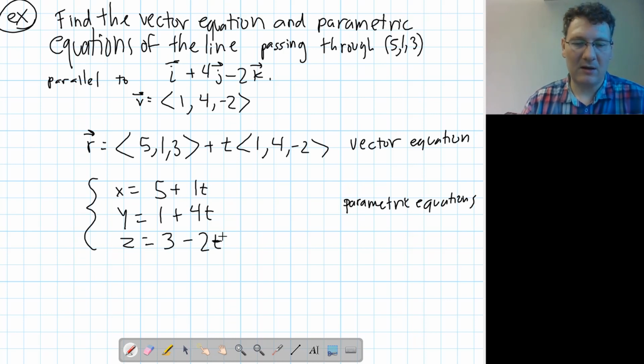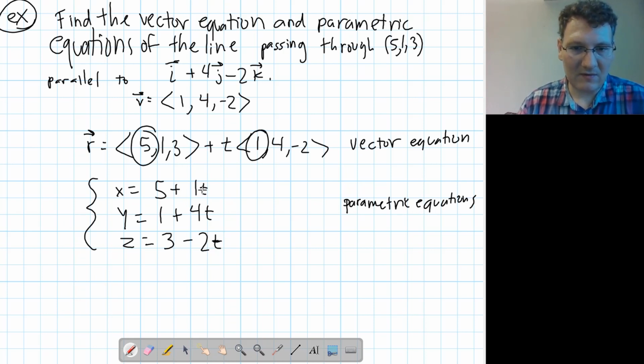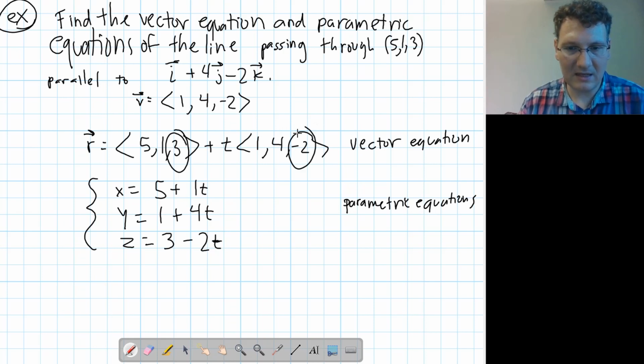So you can see where I get each of these. To form the first one, we take the 5 and the 1, and multiply the t by the 1. For the second equation, we have 1 plus 4t, and then the last one we have 3 plus negative 2t.